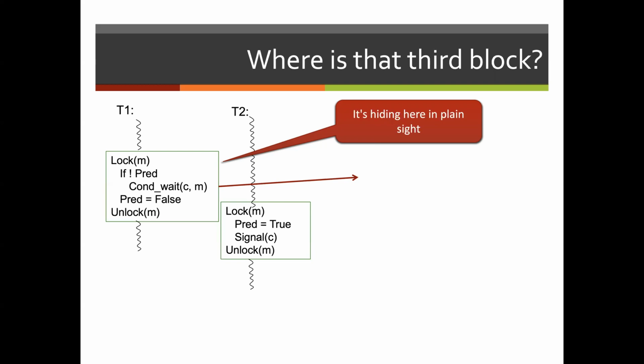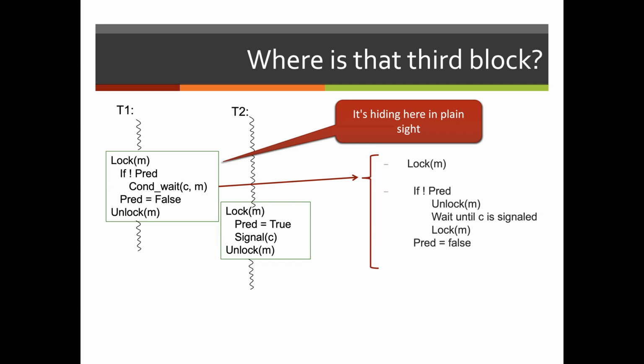And so with regards to our condition wait, we need to consider that we have a lock M, and that is going to execute if the predicate is not true. Then we're going to unlock M. Then we need to wait until C is signaled. Then we lock M back, and then we set the predicate to false.